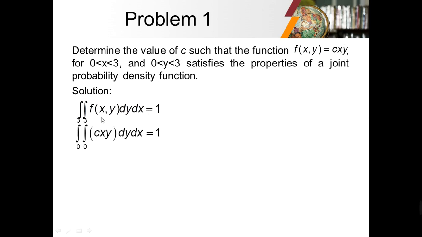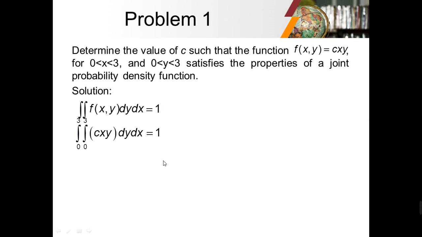So, that is the function cxy in terms of y and x, equal sa 1. Saan naman nagaling ang ating limits? Siyempre, ang limits natin ay from 0 to 3 ang y, and 0 to 3 din ang x.